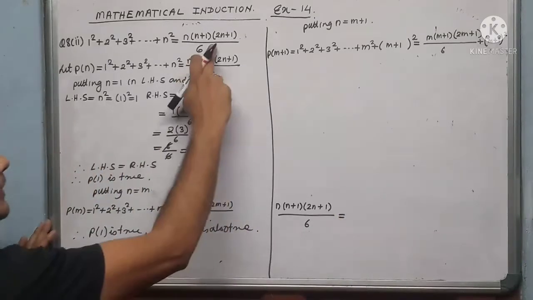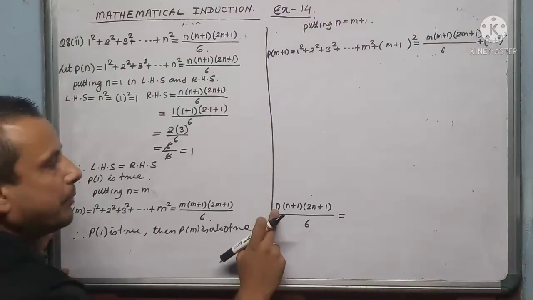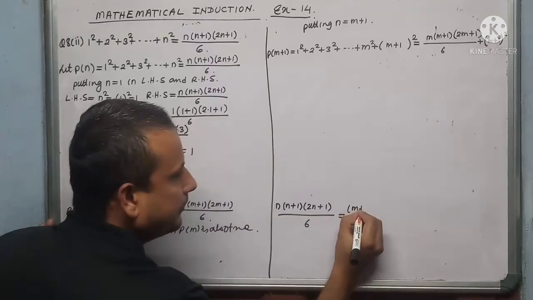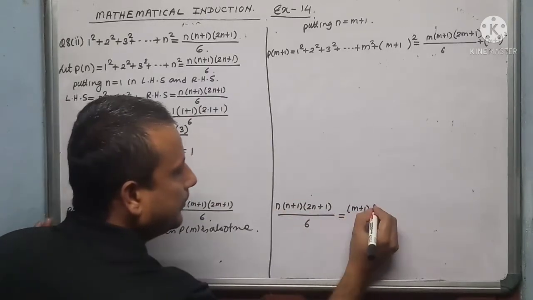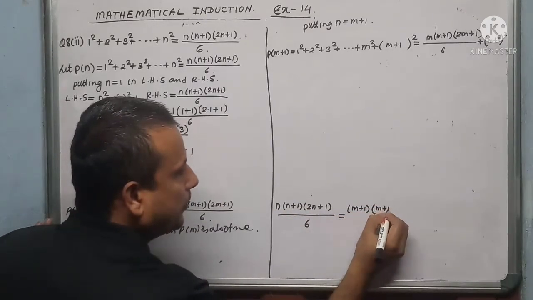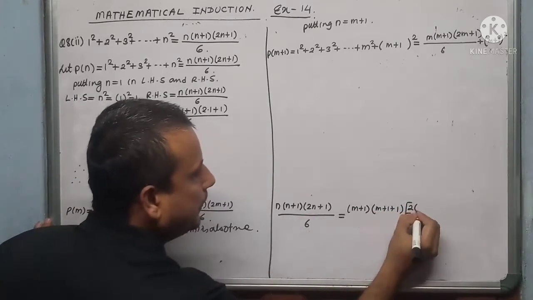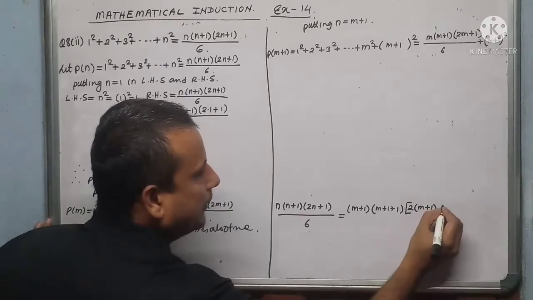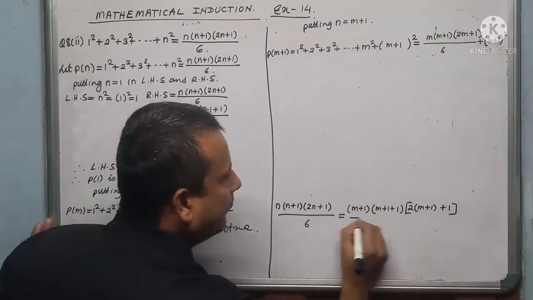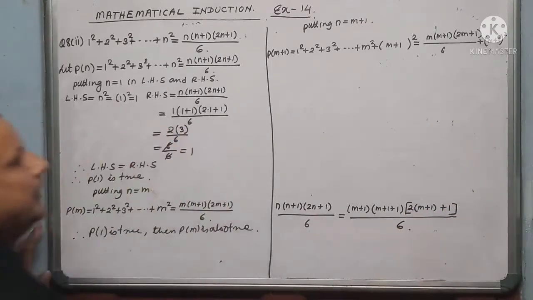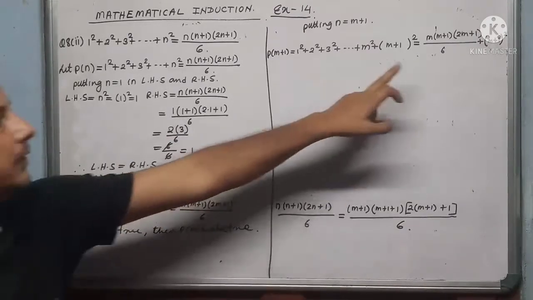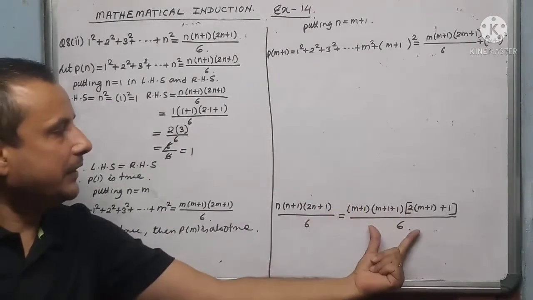In the right hand side, you just put n equals m plus 1: m plus 1, m plus 1 plus 1, then 2 into m plus 1 plus 1 divided by 6. After simplification of this quantity, your answer should be in this form.